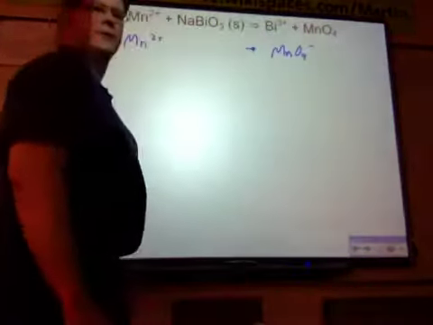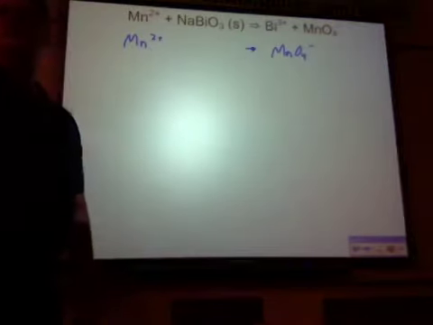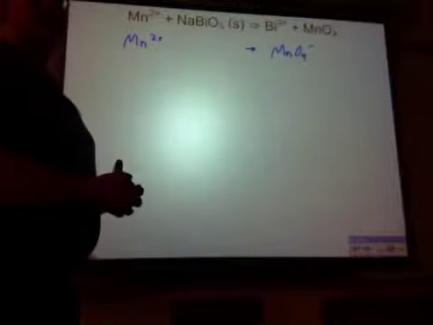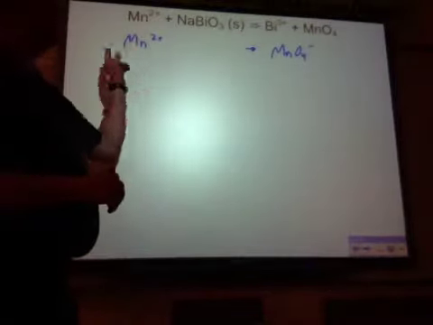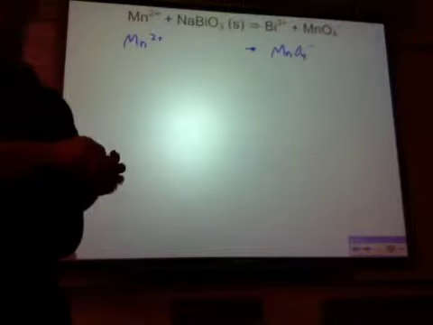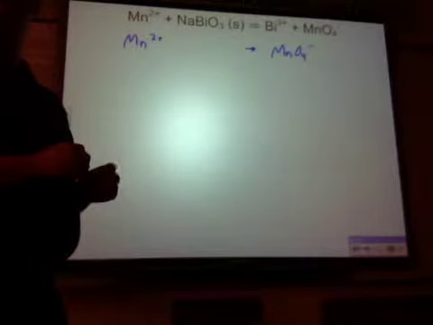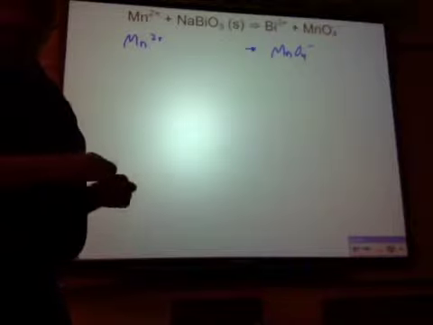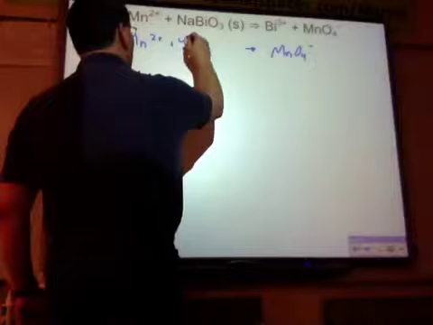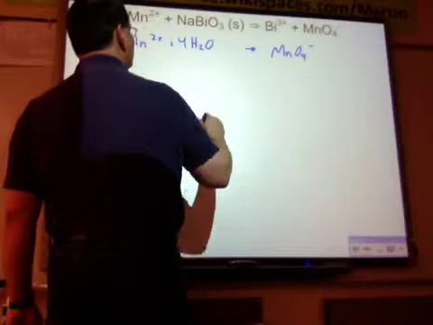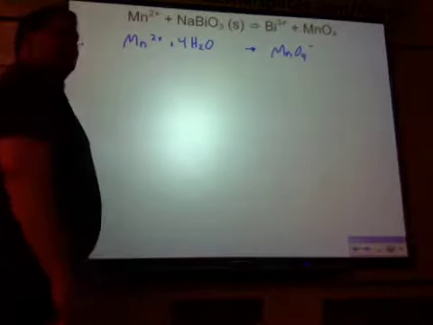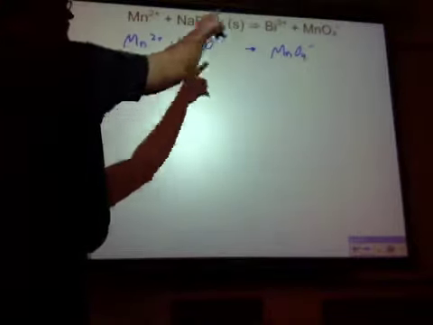What's our first step? Well, the first step is balance manganese, but it's already balanced. What's the next thing we've got to do? Oxygen. So what do we have to do to balance oxygen? Water. Got to have 4 waters, right? Yeah, that's what I was thinking. Plus 4 H2O. Now what? There are 8 hydrogens in the water on the right, so we've got to have hydrogen on this side.